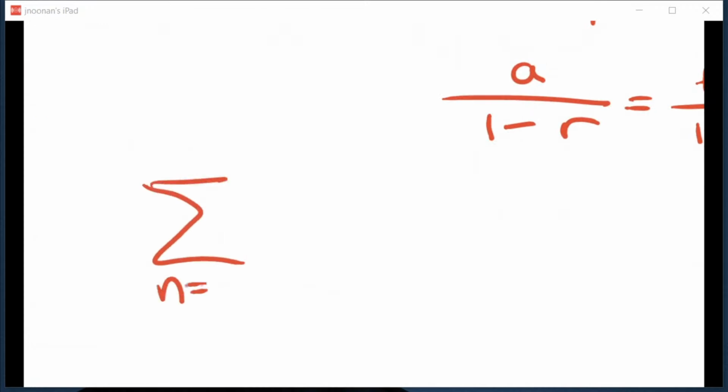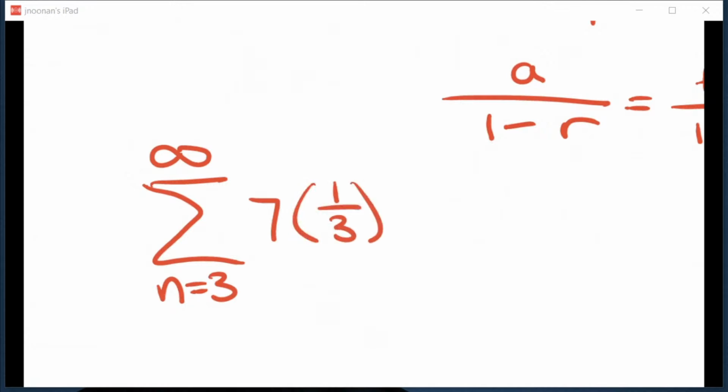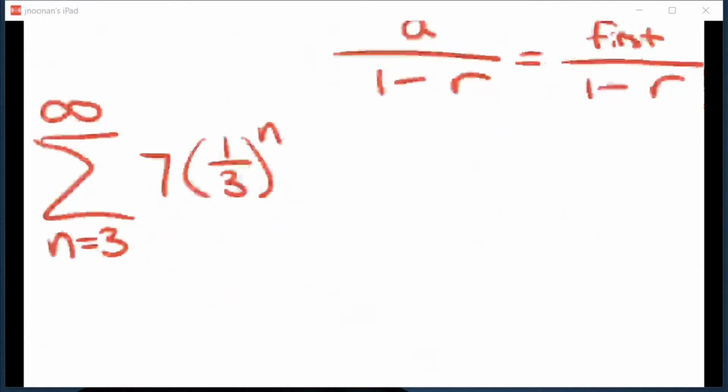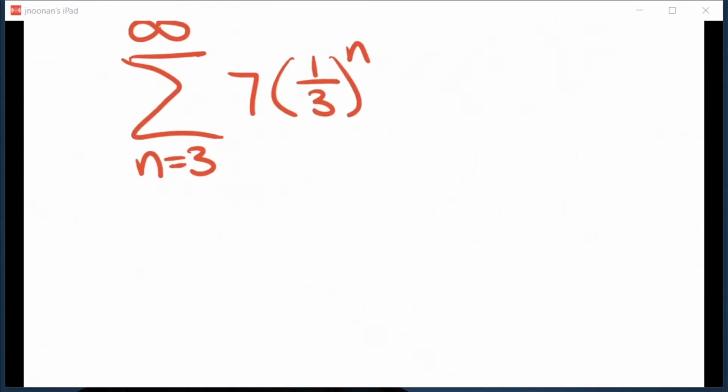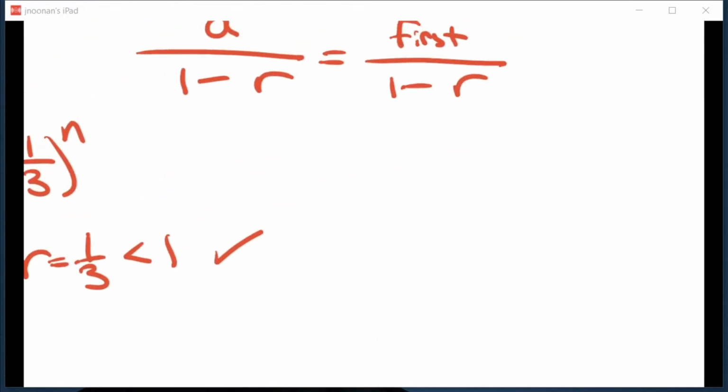Let's say we do n equals 3 to infinity of 7 times 1/3 to the n. The common ratio is 1/3, which is between -1 and +1. So that checks out, and this thing will add up.